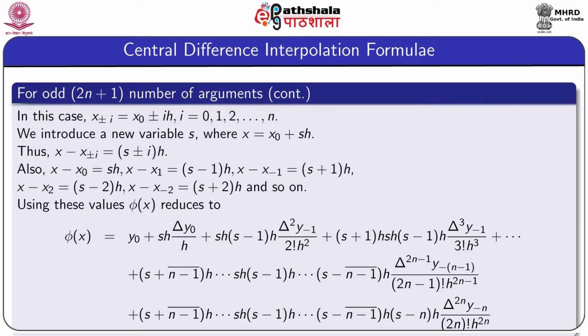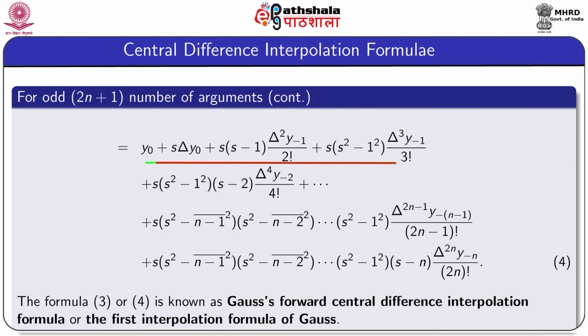So, after cancelling all h, the simplified form of the polynomial phi x is this one: y 0 plus s delta y 0 plus s into (s minus 1) into delta 2 y minus 1 by factorial 2, and so on. So, this formula, that means equation 4 or the previous equation 3, is known as Gauss forward central difference interpolation formula, or called the first interpolation formula due to Gauss.